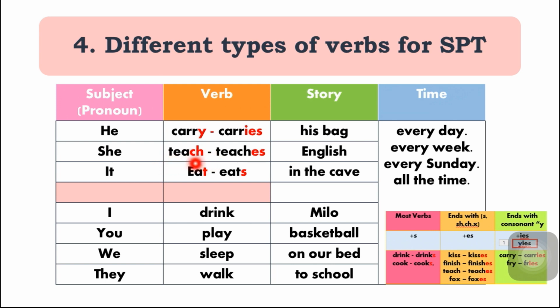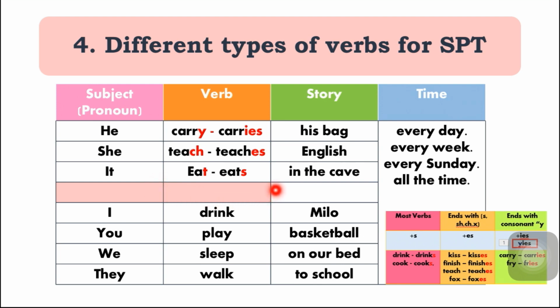We see that the word ends with ch, so we need to plus es. So it becomes she teaches English every week. The third one, it eat in the cave all the time. So usually eat we just plus s, so it becomes it eats in the cave all the time.